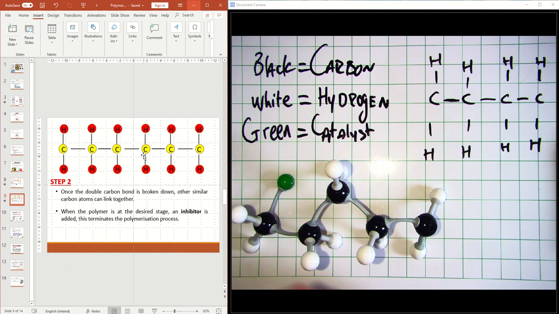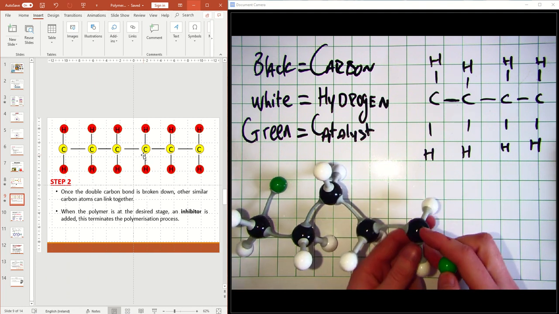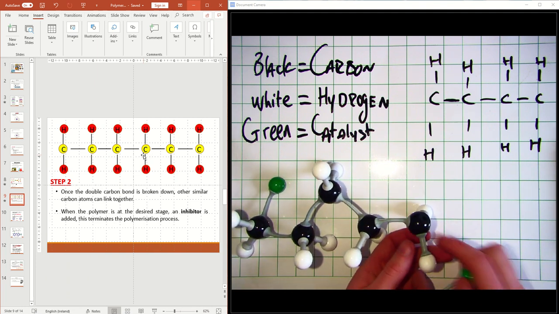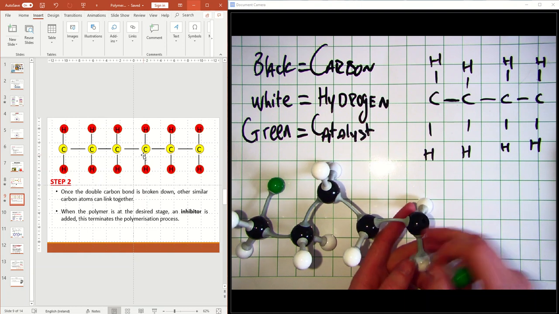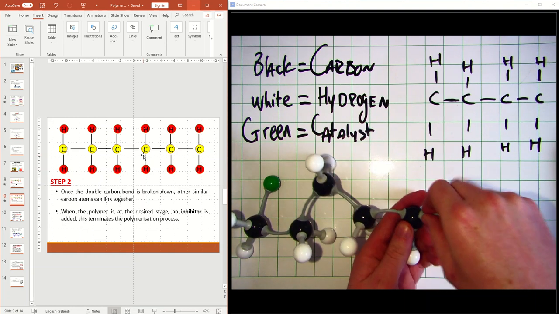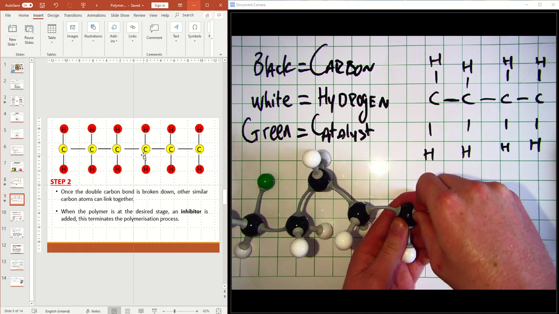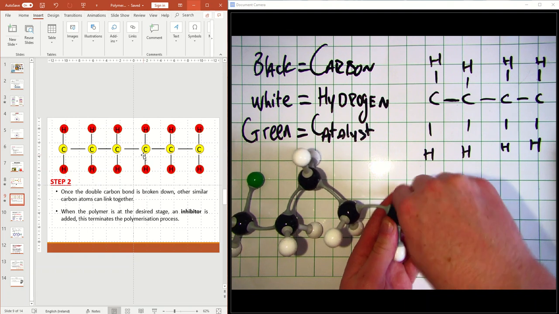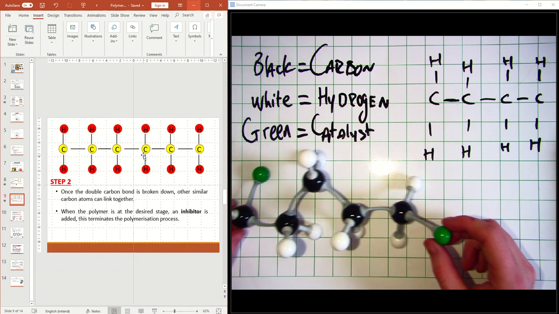Instead of the gap joining on to another carbon atom, it's going to join on to an inhibitor, which also contains an unpaired electron, and that stops the process.